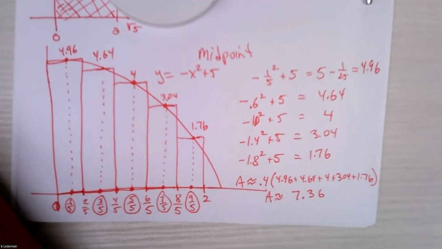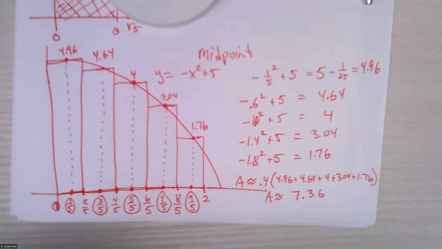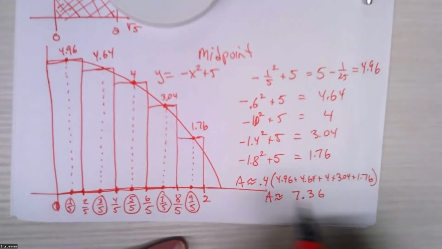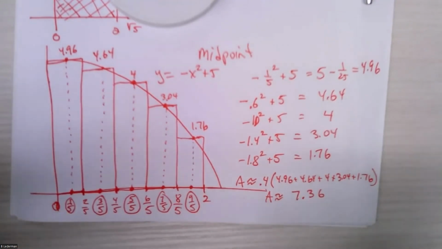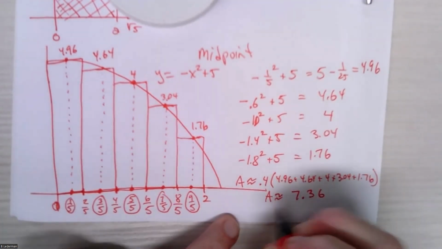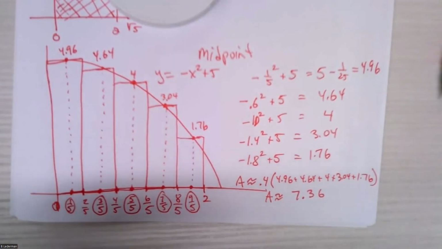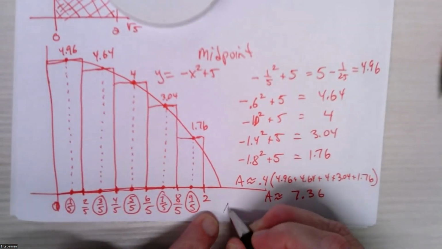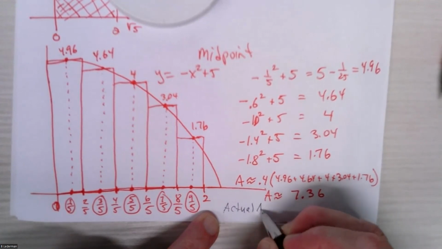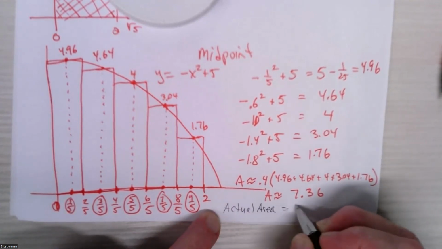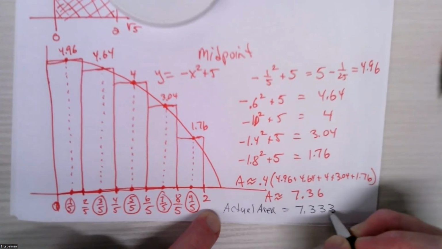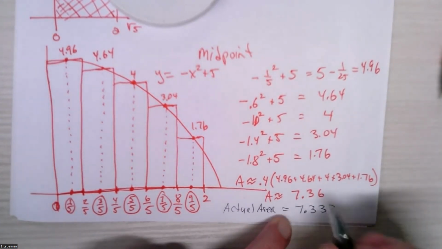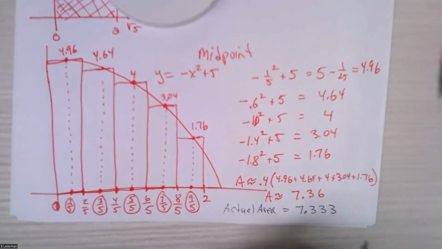I will tell you though, spoiler alert, the actual area, the true area under this curve, if you would do it fully precisely, is 7.333. And this is 7.36. So that ain't bad. That is not bad at all, considering we had nothing before we started, and now we got this.